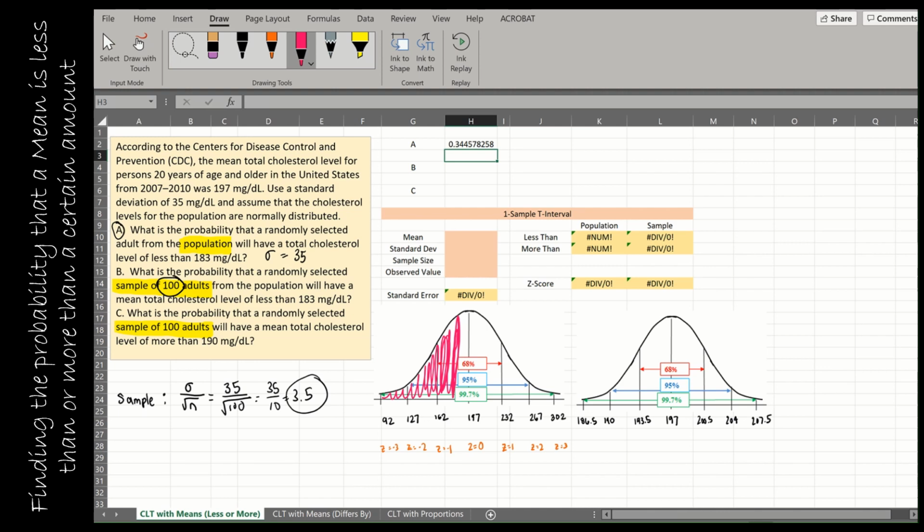For my second question, 183 is not even on here. It's to the left of any values that I see. So when I find this probability, that probability better be really, really small. So let's take a look, see if we're right. I'm going to take exactly what I did here and paste it, and the only change I'm going to make is that I'm going to take this 35 divided by the square root of 100.